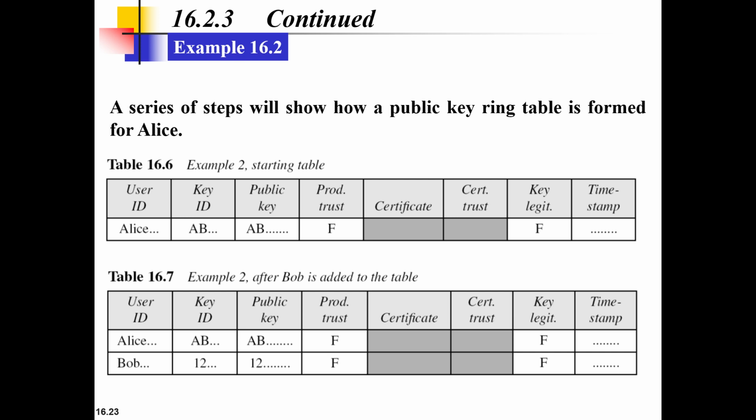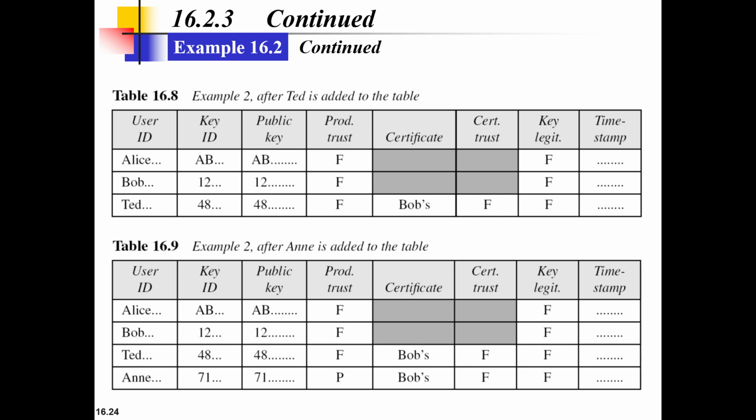Third, now Alice adds Ted to the table. Ted is fully trusted. However, for this particular user, Alice does not have to call Ted. Instead, Bob, who knows Ted's public key, sends Alice a certificate that includes Ted's public key, which is shown in table 16.8.